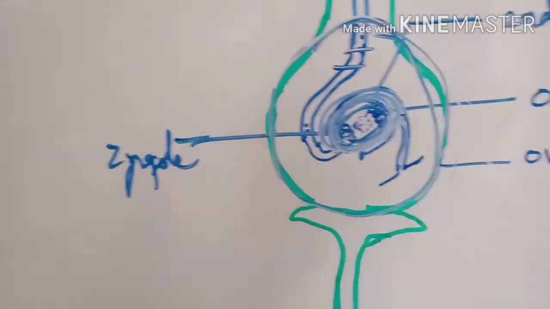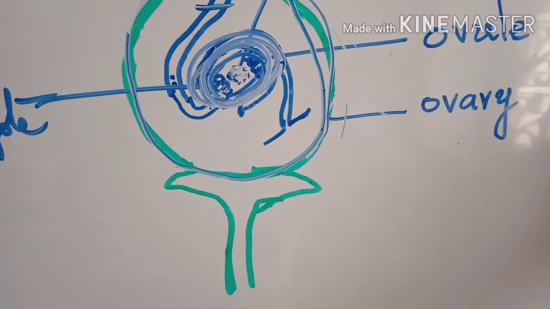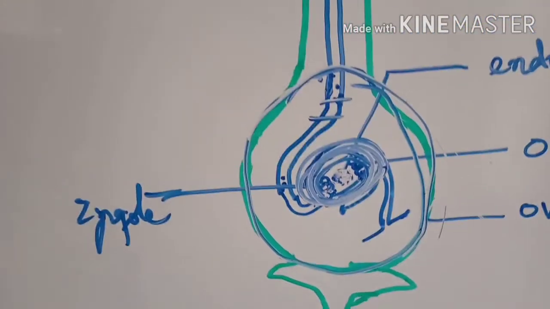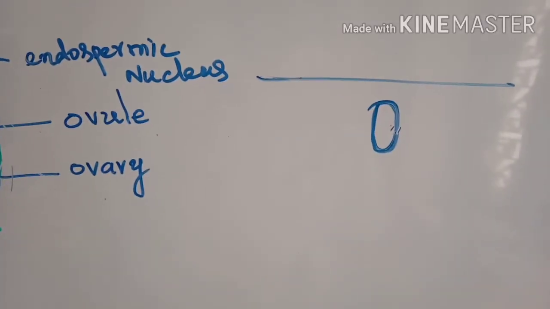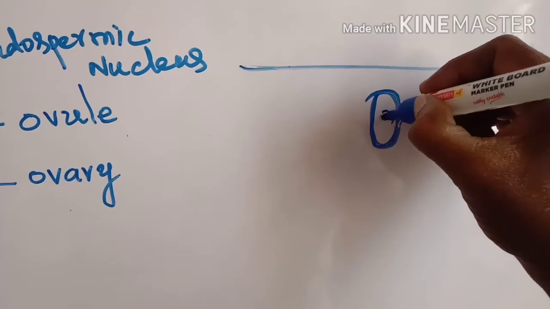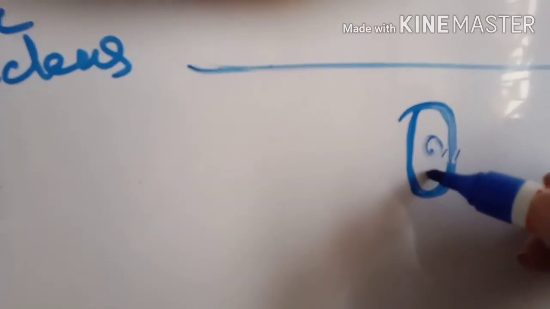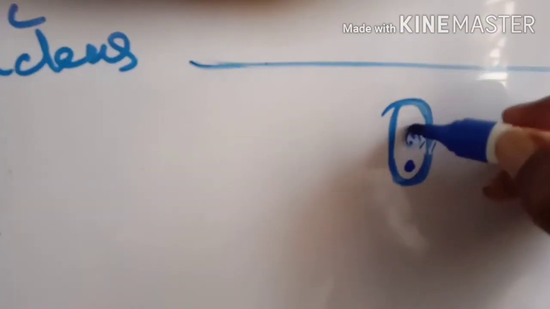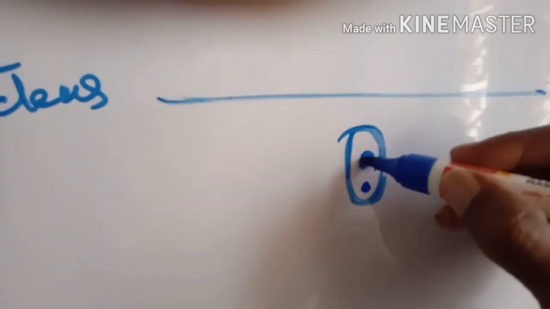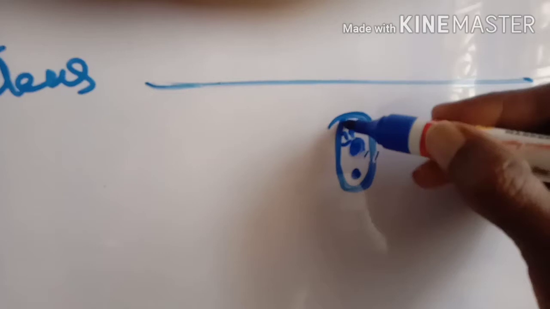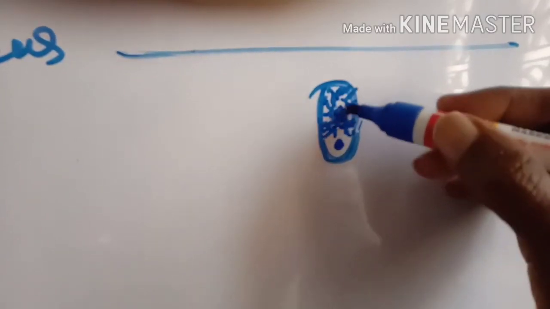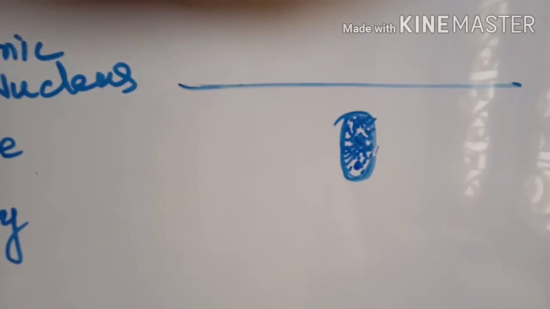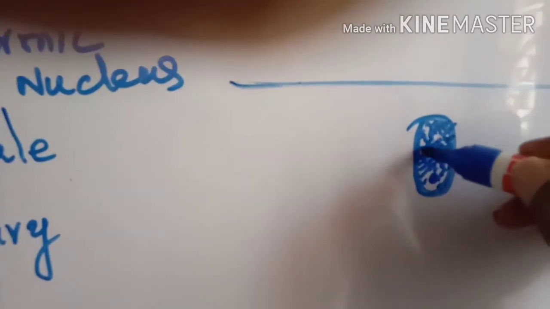Whenever the seed is sown in the soil, let us see what happens. Suppose imagine a seed is sown in the soil here. There the endospermic nucleus and zygote are also there. Then the endospermic nucleus divides further and forms a number of cells which can store food in them.